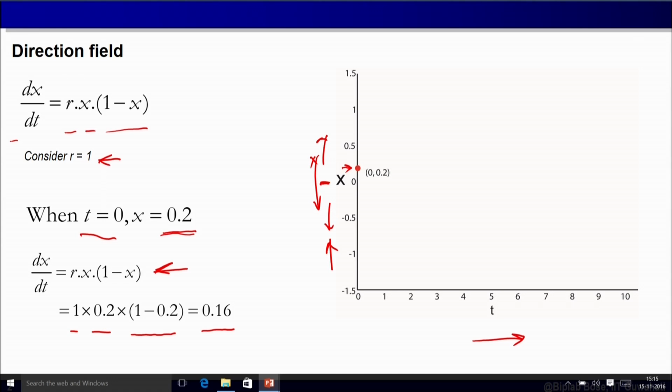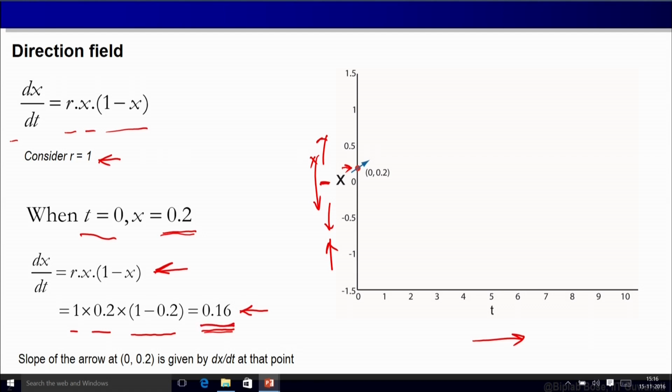Now at that red dot in my plot, let us draw a blue arrow that I have shown here, an arrow having a slope which is equal to dx/dt. So here at that point dx/dt is 0.16, that comes around 9 to 10 degree angle. So put an arrow having an angle of 9 or 10 degree based on this dx/dt. And notice the arrowhead is pointing up because dx/dt has a positive value here.